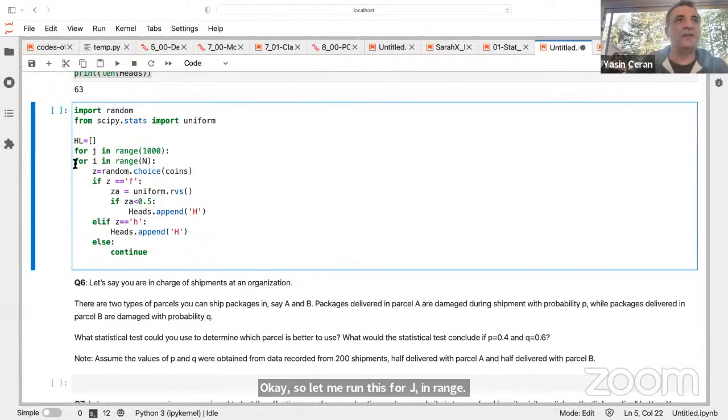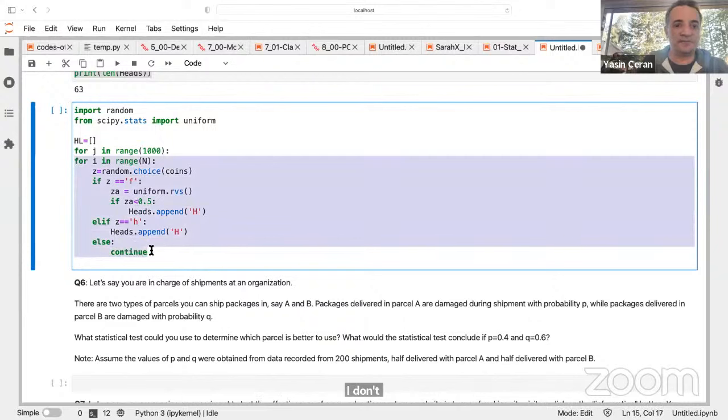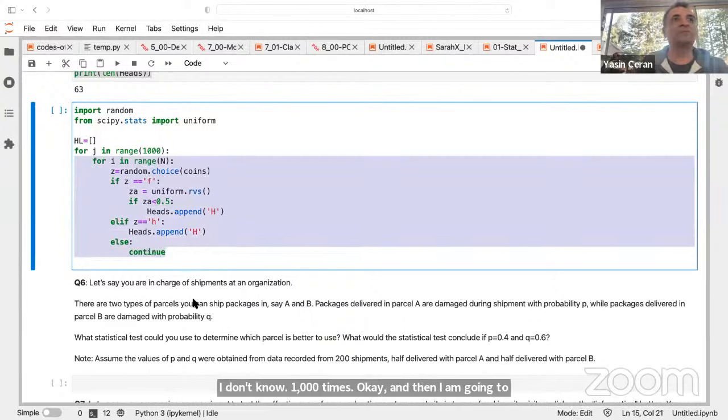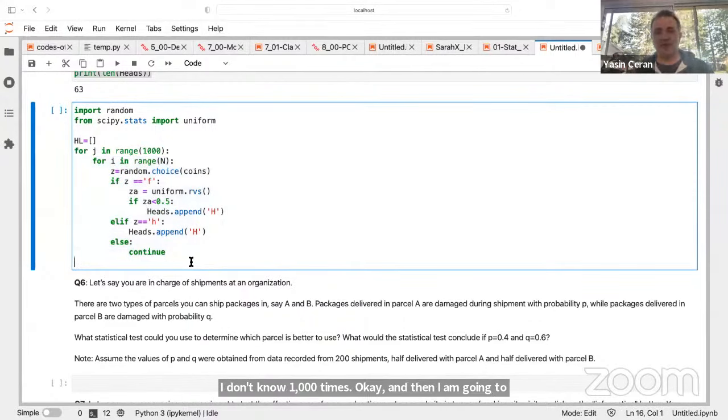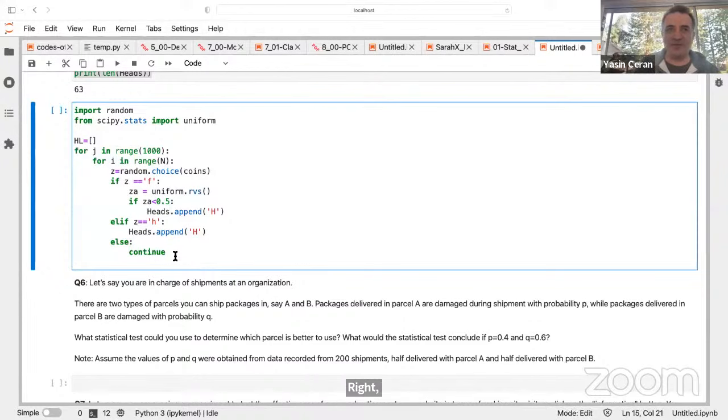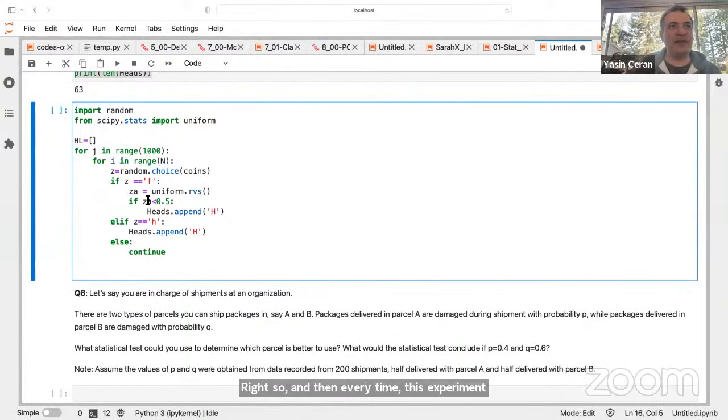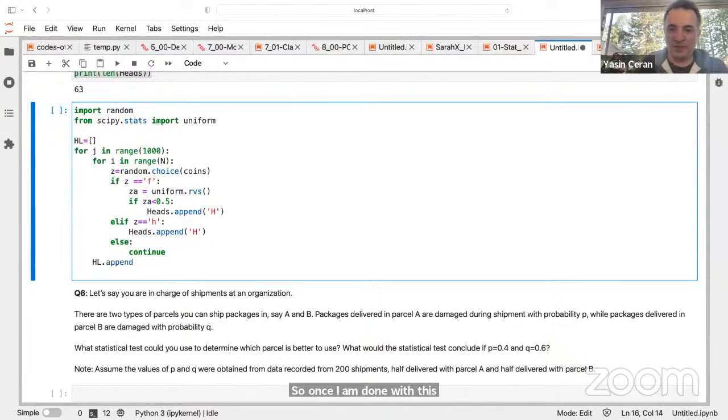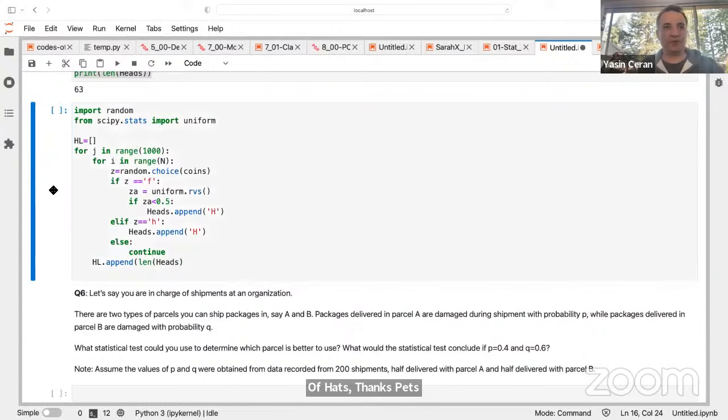Then I am going to take this whole thing to the right. Every time this experiment ends, once I am done with it, I am going to append the number of heads. I hope this is going to work.